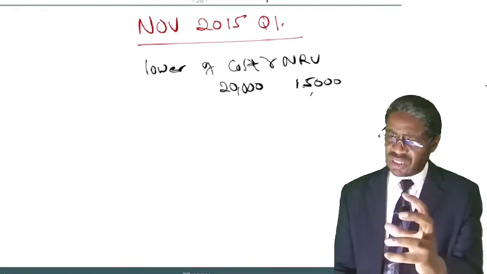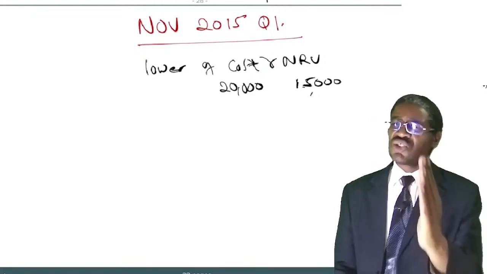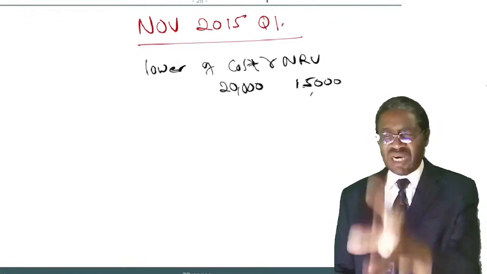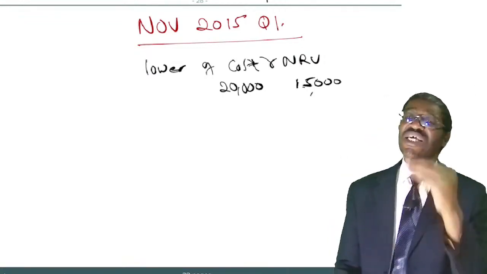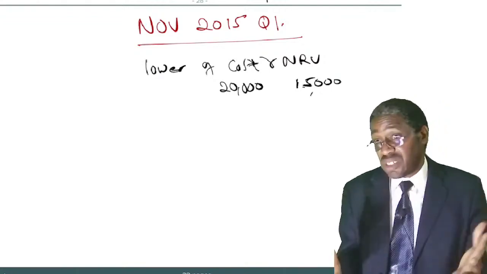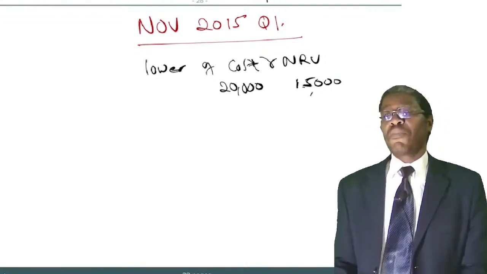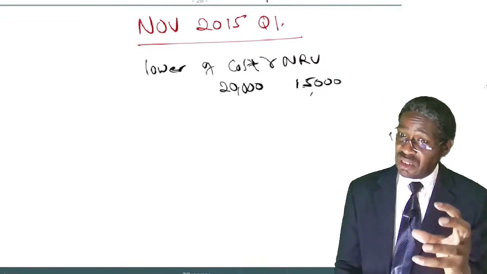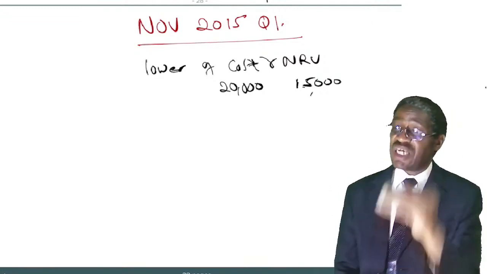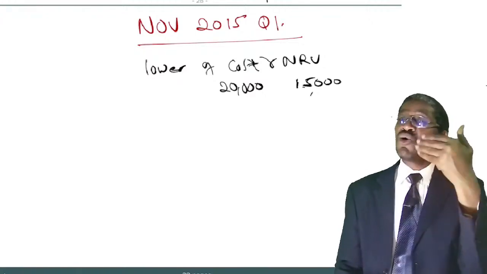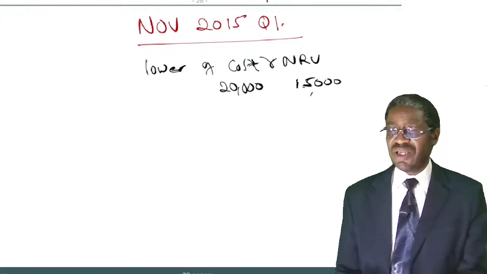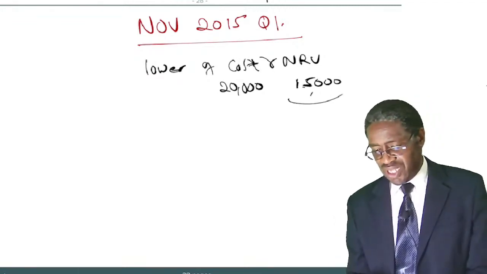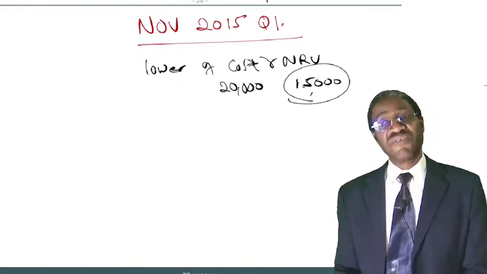In most cases, stocks should be sold at a higher value than the cost. But there are circumstances when you may be forced to realize less than the cost, like in this scenario. So here, this stock has a cost of 20, but when we sell it, we shall realize 15. So when I'm going to value it by the end of the year, I choose whichever of the two is lower, and therefore you will value it at 15.